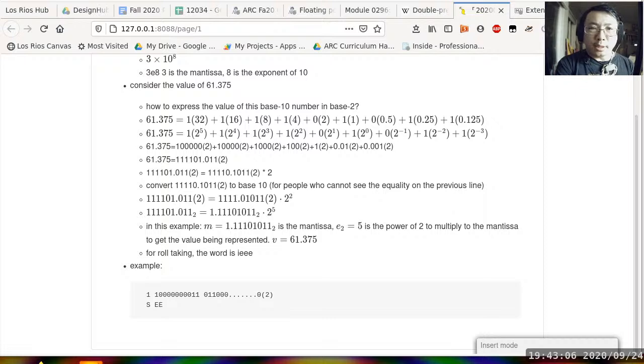These guys, I'll put E's down here. They're basically what we know as E in Wikipedia, the biased exponent. These guys are labeled F's because they are the fraction of the mantissa.